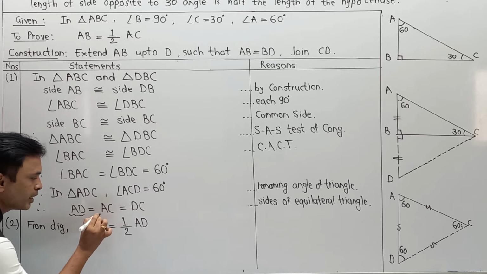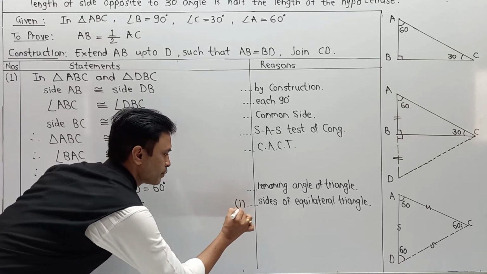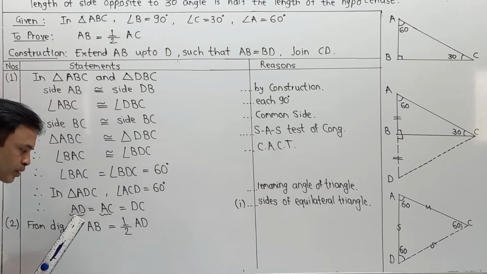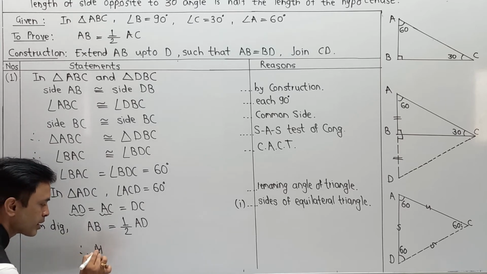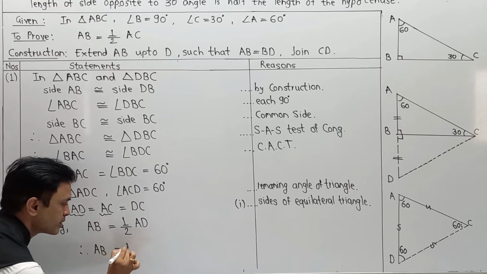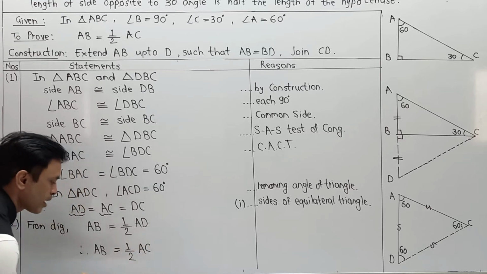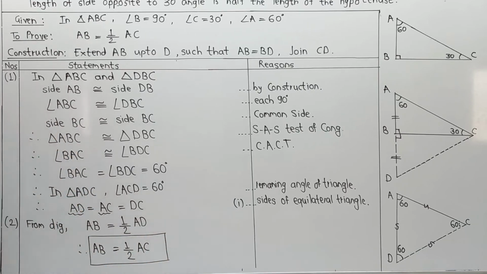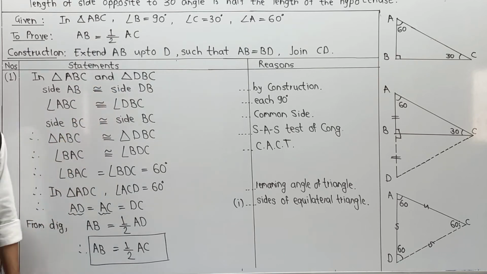I am going to give this as equation number 1. Now we just replace AD by AC, and your answer becomes AB is equal to half of AC, and that is the required proof. AB is equal to half of AC.